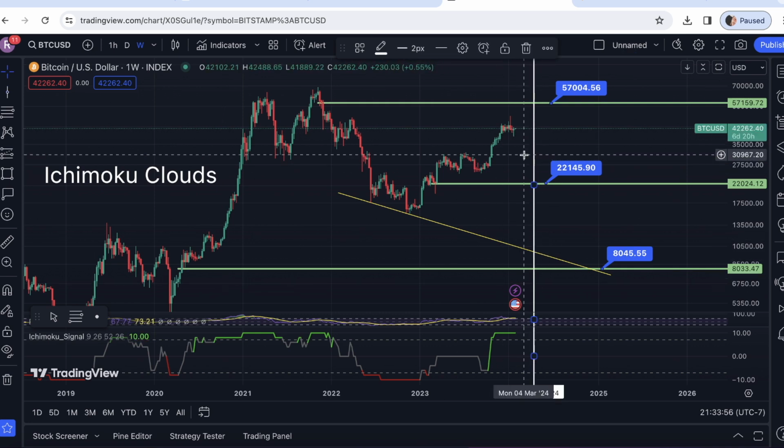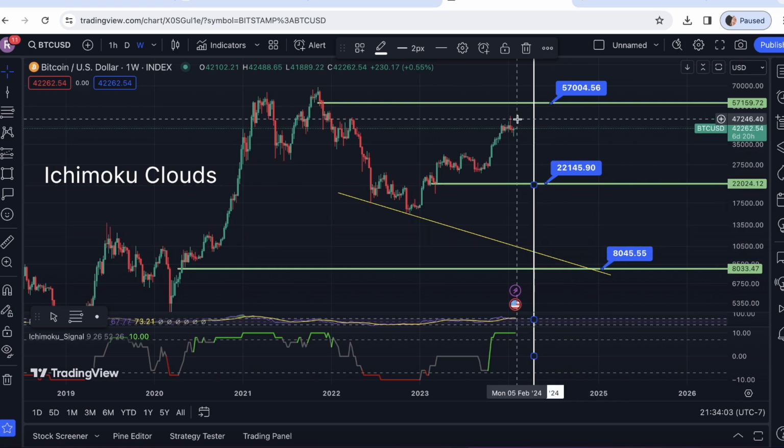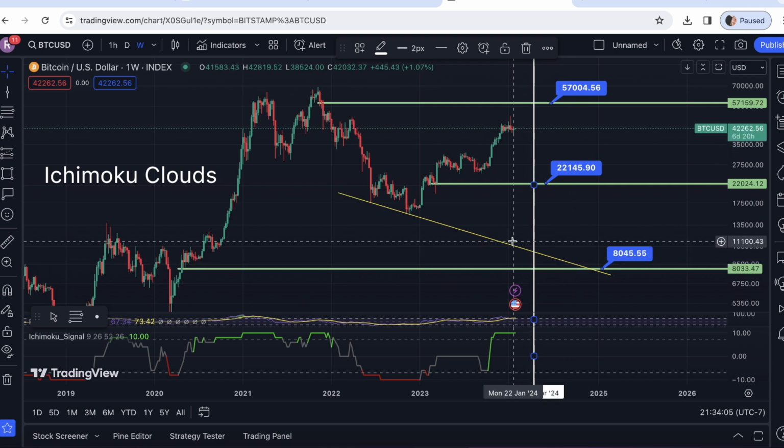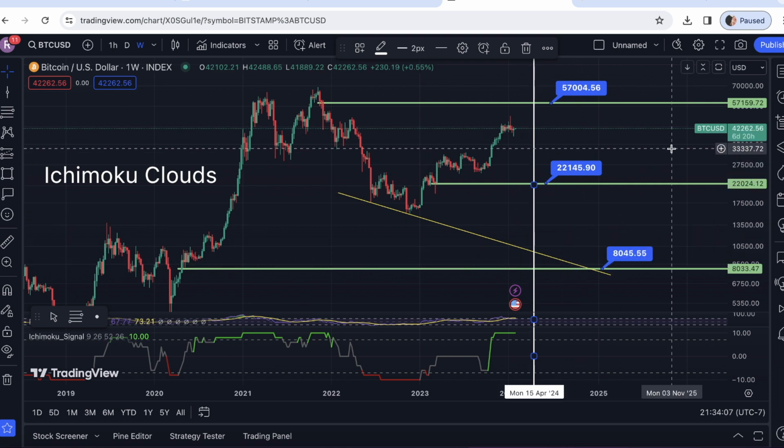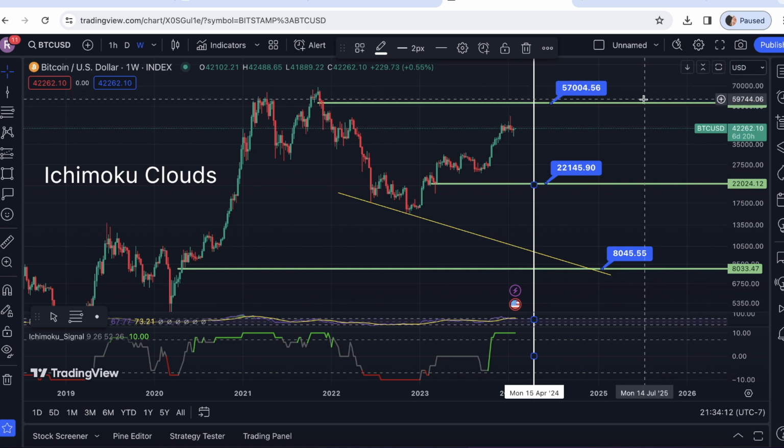As I mentioned before, in previous halvings, we could have a crash even after the halving. Price could still go low and start recovering and go back up. All right, these are my warnings to you guys.